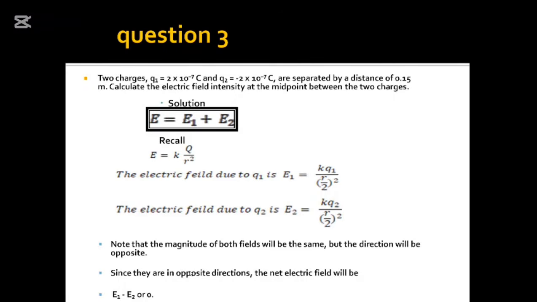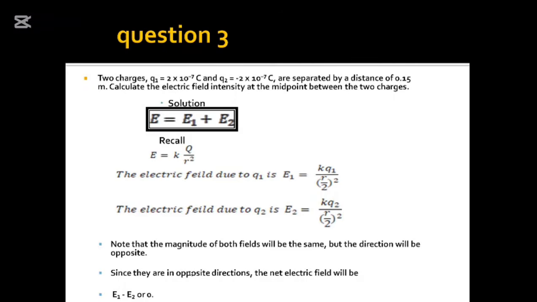Solution. We are looking for the electric field intensity at the midpoint. Now the question is, what is the electric field intensity? The total electric field intensity here is E equal to the electric field intensity due to charge 1 and the electric field intensity due to charge 2.